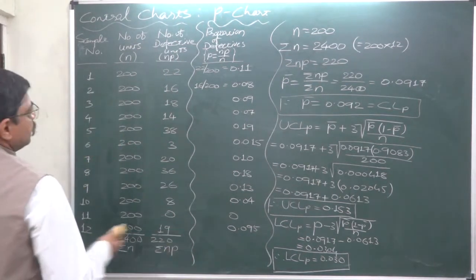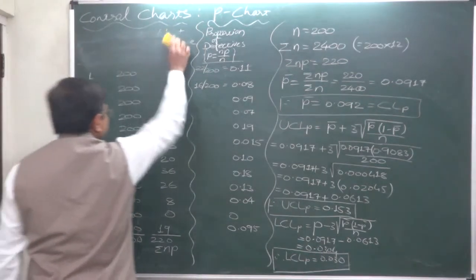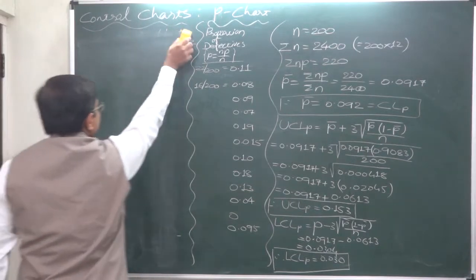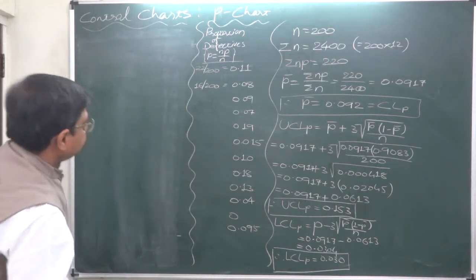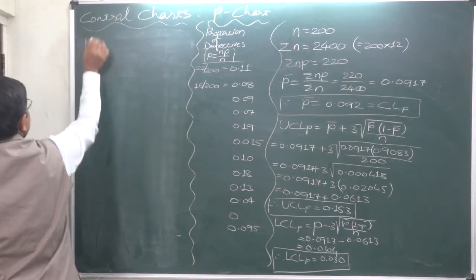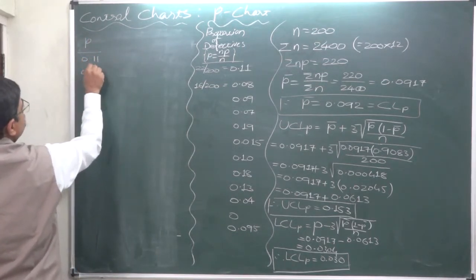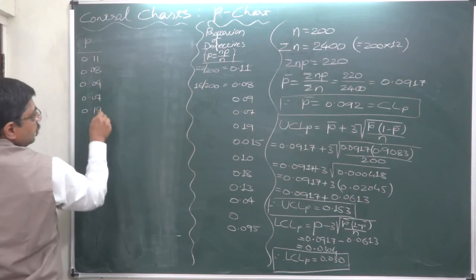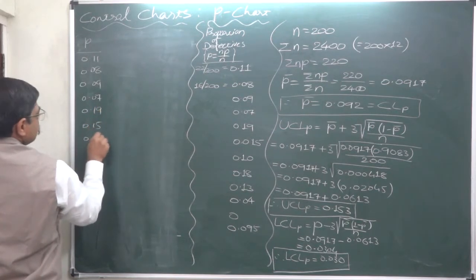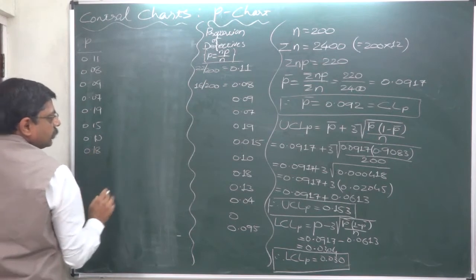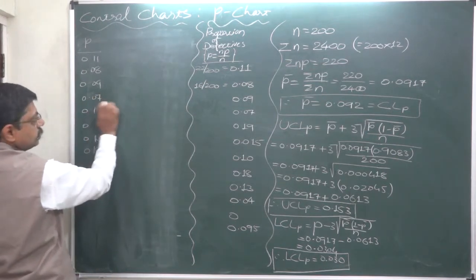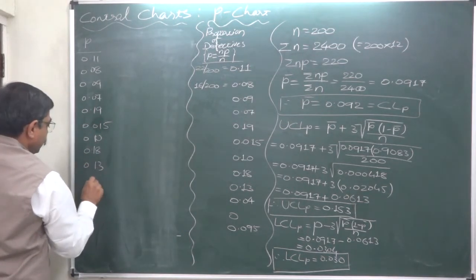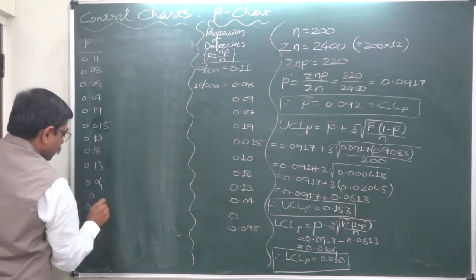Okay, for that purpose I will have to erase all these things from the board and rewrite the column of P and our three results. P is 0.11, 0.08, 0.09, 0.07, 0.19, 0.15, 0.10, 0.18, 0.13, 0.04, 0 and 0.095.